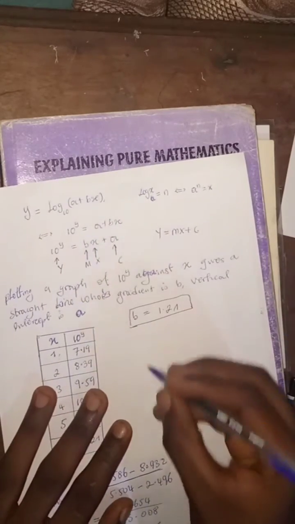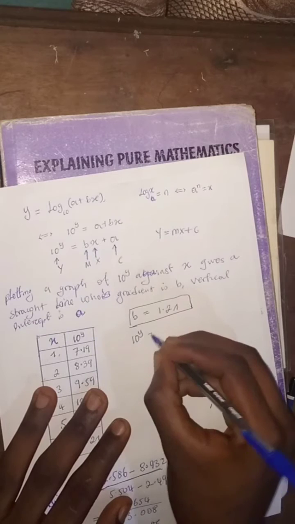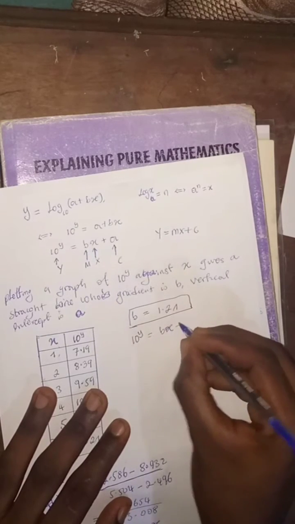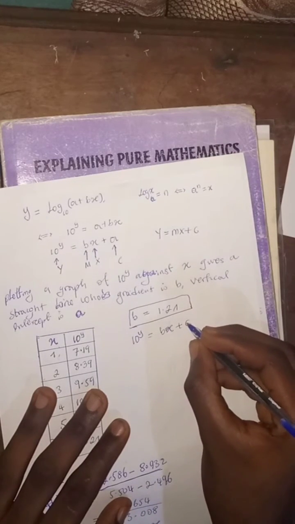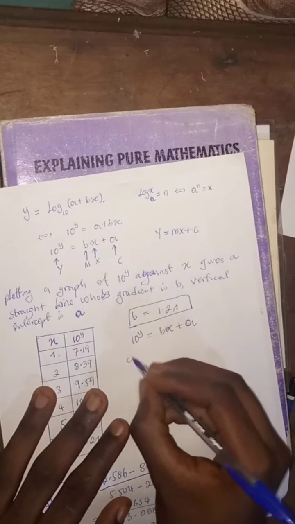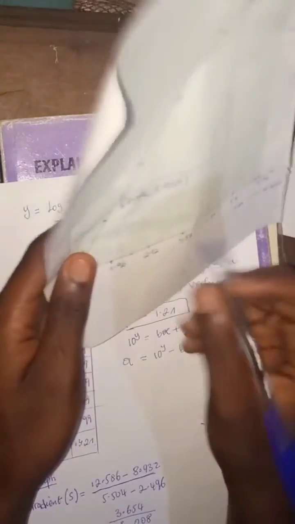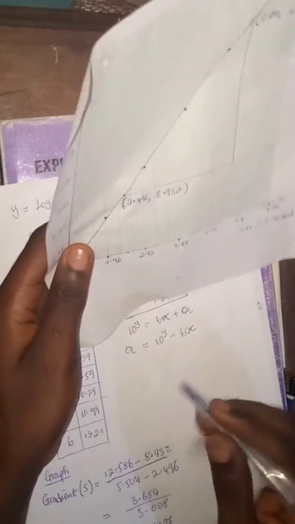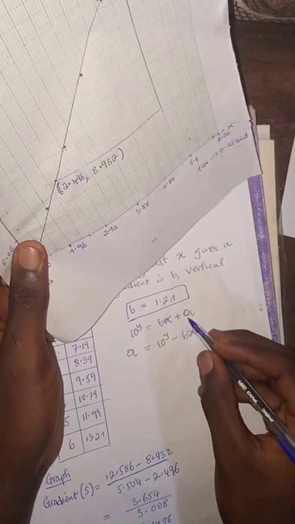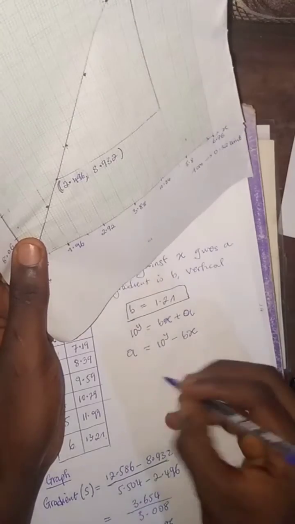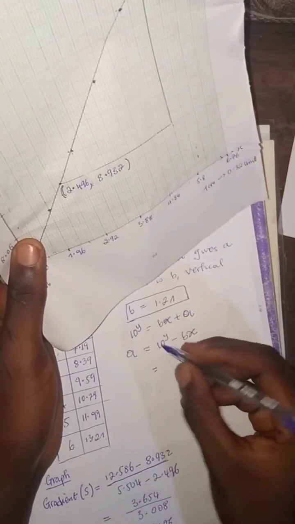But from this equation, 10 to the power y equals bx plus a, it means that my A will be equal to 10 to the power y minus bx. I'm going to use one of these points that I used in calculating my gradient, to calculate my intercept A.